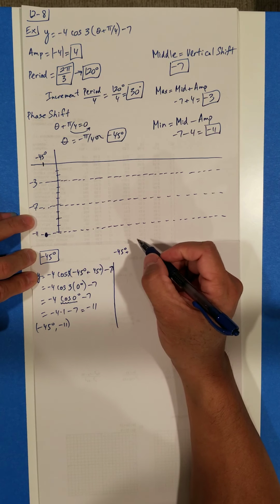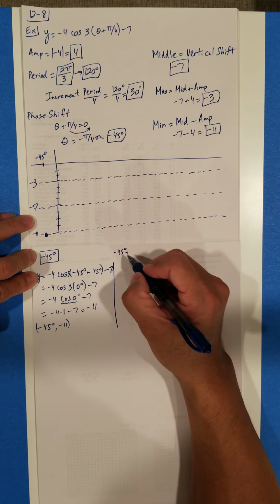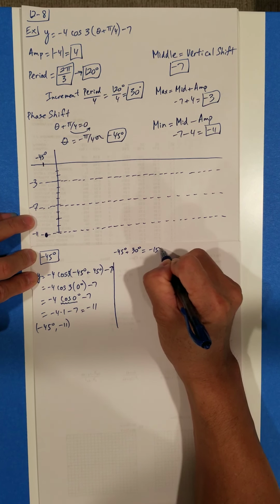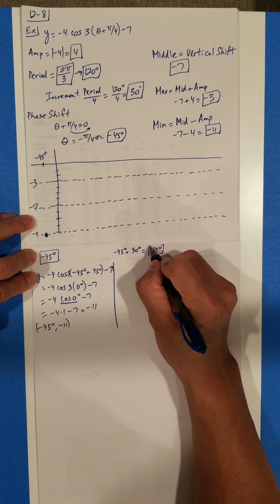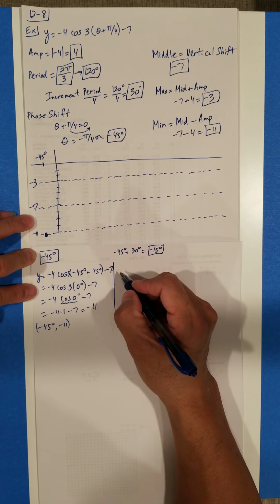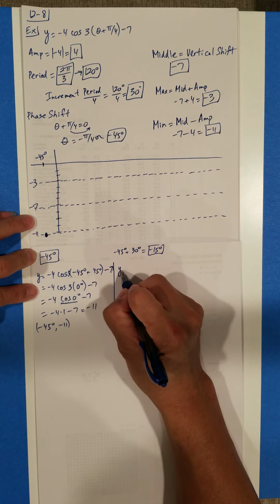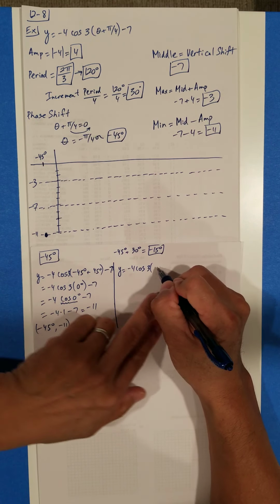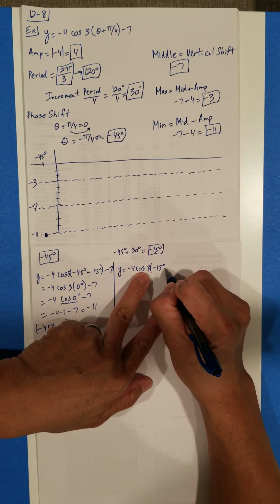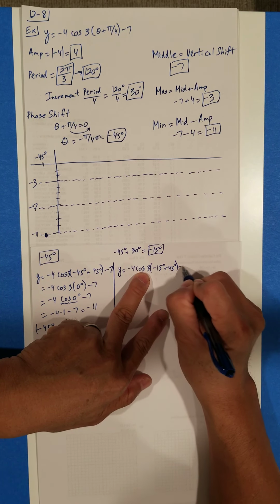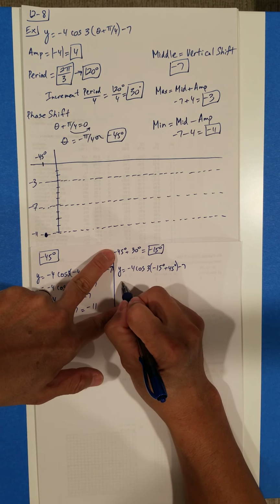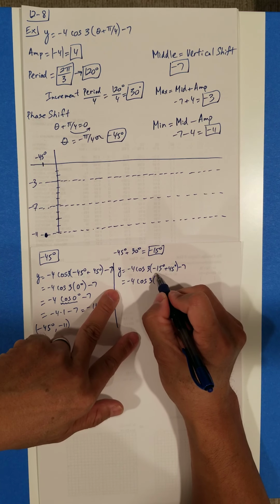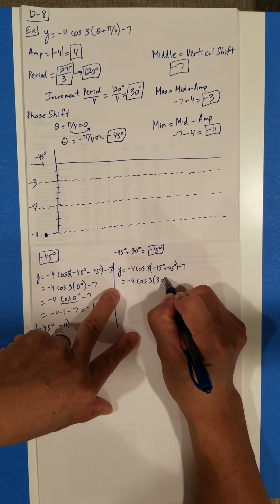Now I'm going to use my increment. Negative 45, I'm going to add the increment of 30. And that gives us negative 15. That looks like a funny number, right? Negative 15 degrees. But when we plug it in, everything will be okay. So y equals negative 4 cosine 3 times (negative 15 plus 45) minus 7. Negative 15 plus 45 is 30.